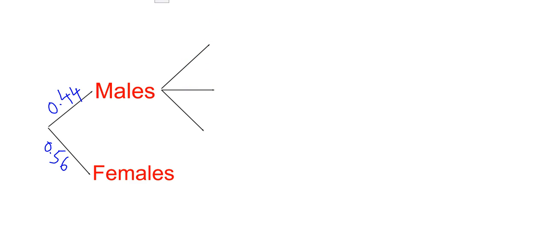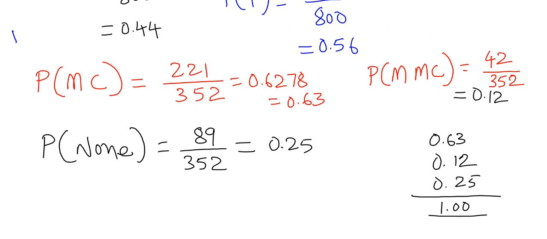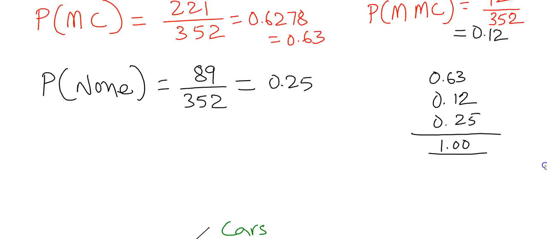So let me write there, these are cars, okay, and there you have motorcycle, then you have none. All right, now what is the probability of finding the car owners? Males who own a car 0.63, motorcycles 0.12.